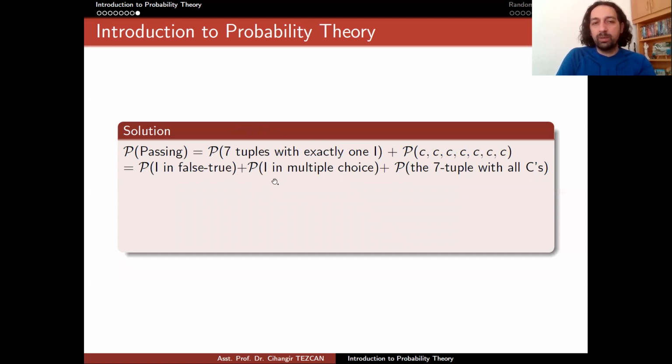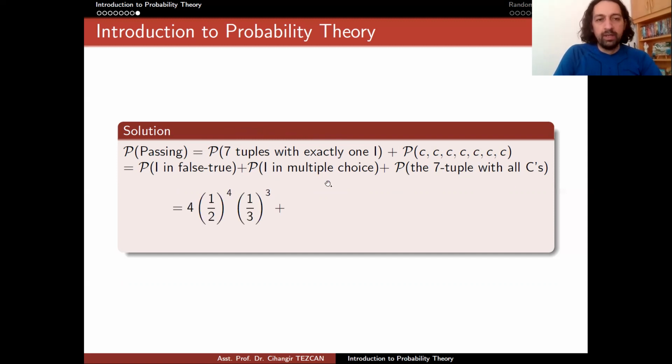So these 2 probabilities are added together to obtain this probability. But the last one is just the definition of this. You answer all 7 questions correctly, so you have the 7-tuple with all C's.